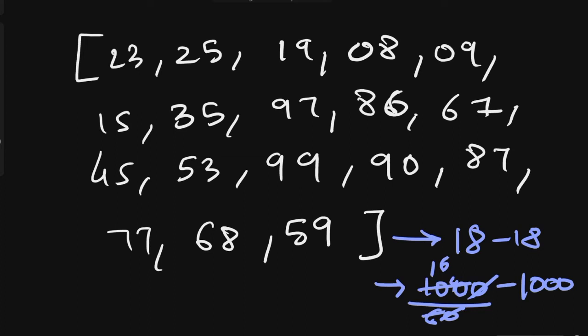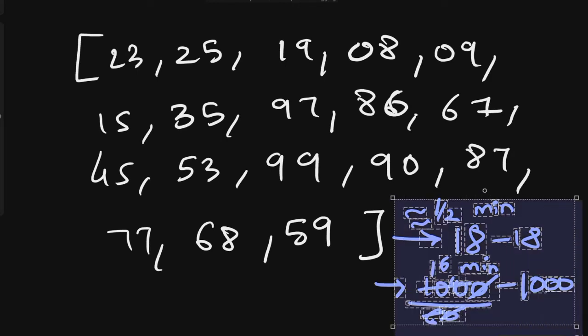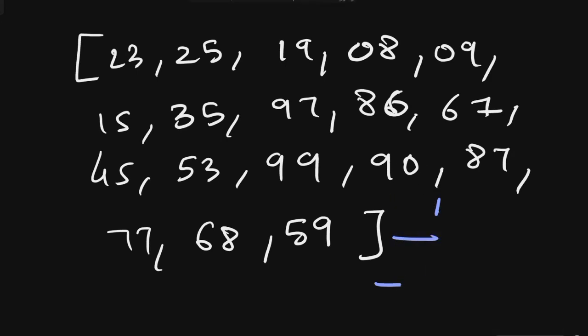So here half a minute and here 16 minutes. This is a very big time loss, and we only considered thousands. In a university, there are lakhs of students. So if we have to search for any of the students, then this case isn't that good.